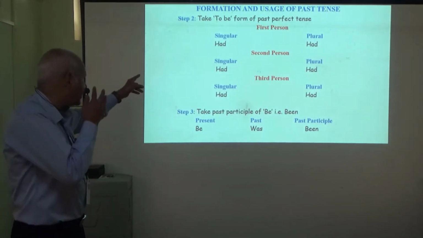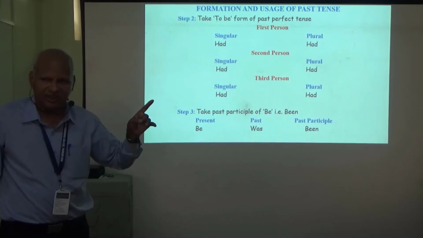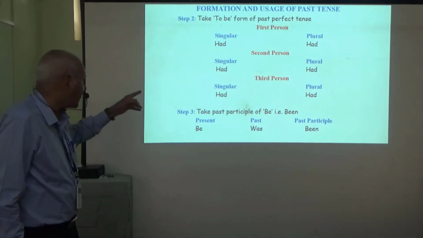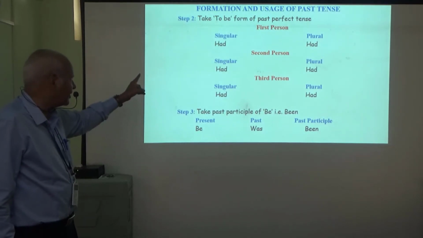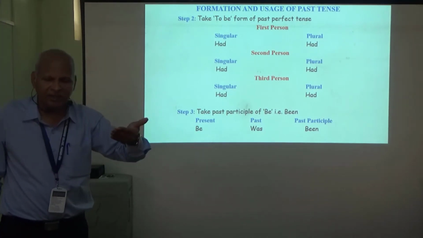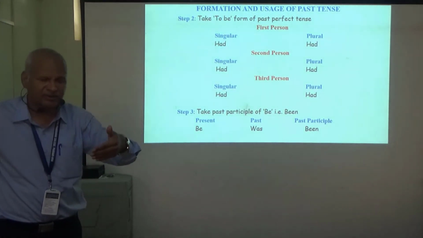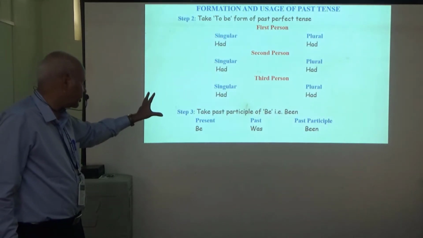After this, there is a second step. Second step, take to be form of past perfect tense. To be forms, as we studied, for past perfect tense are had, had in all the personal pronouns, singular as well as plural. This is the second item we need to take.